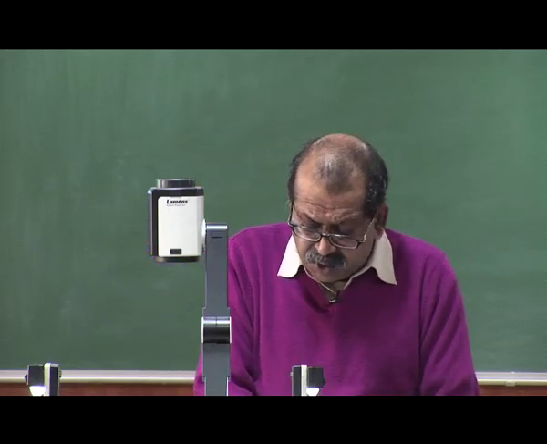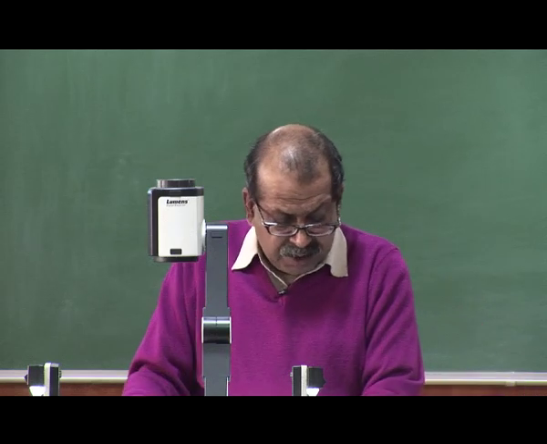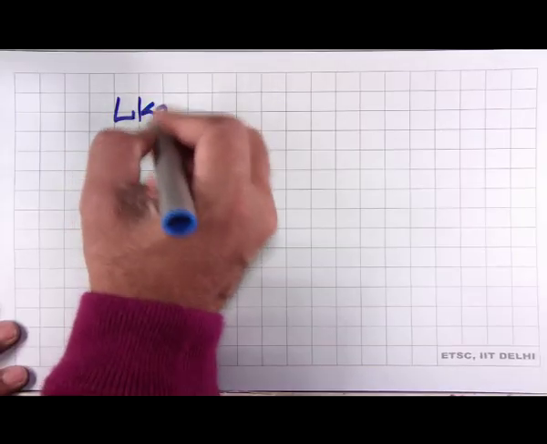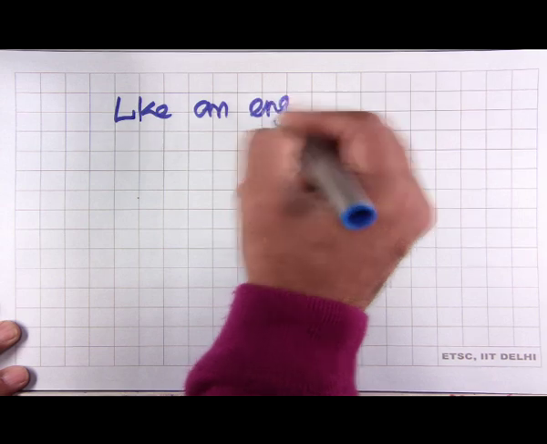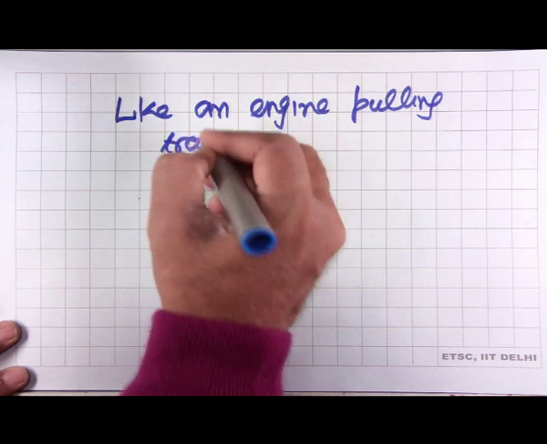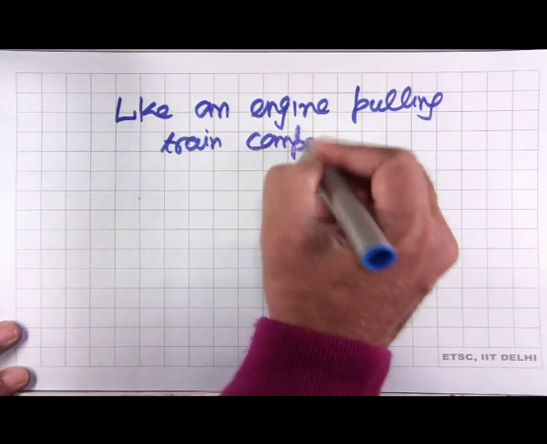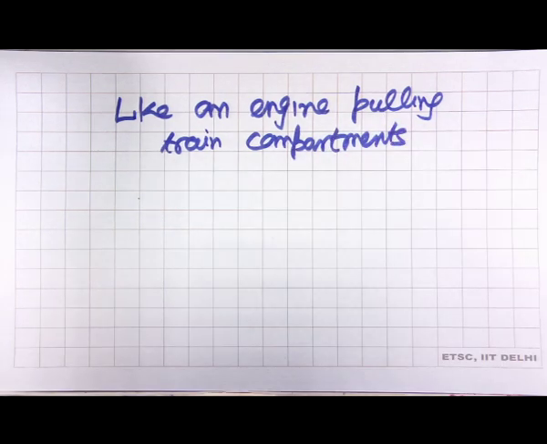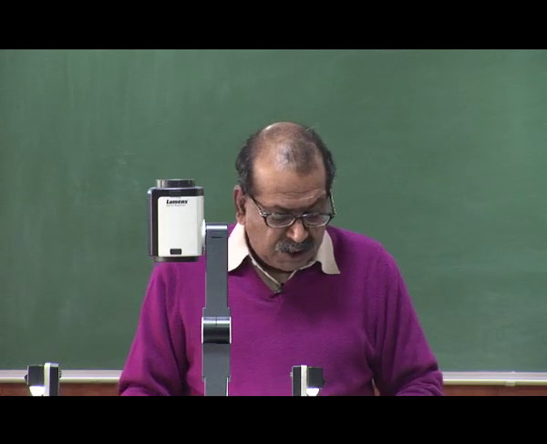This particular example is something like an engine pulling train compartments, and this gives you the forces in the links between the various compartments of the train.